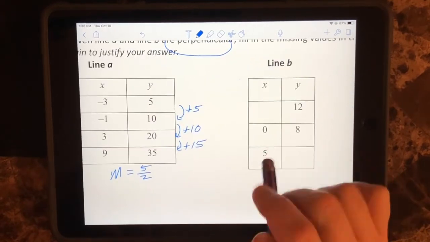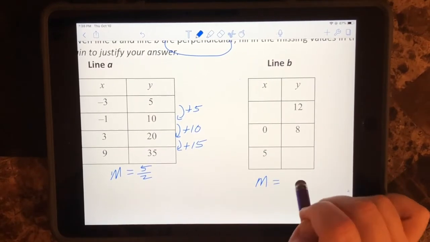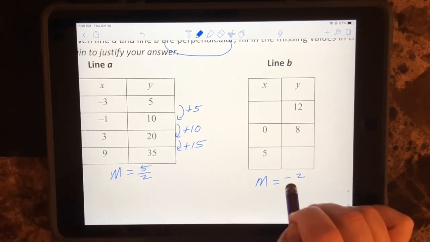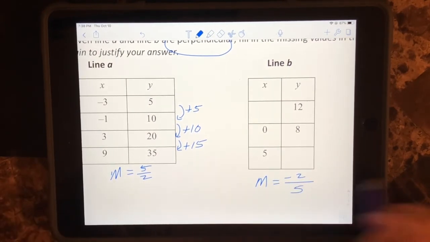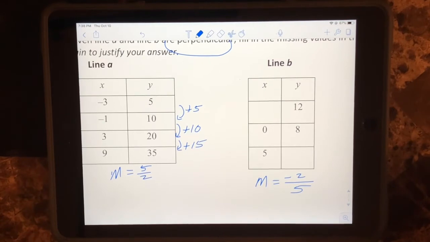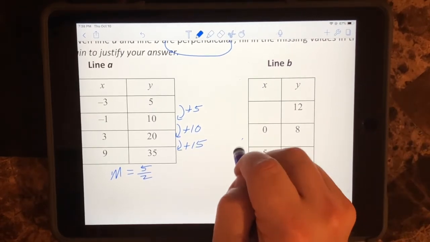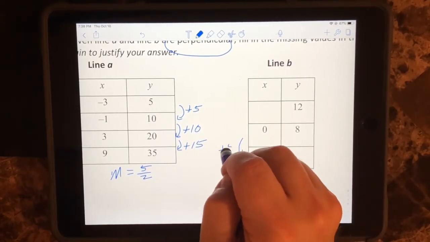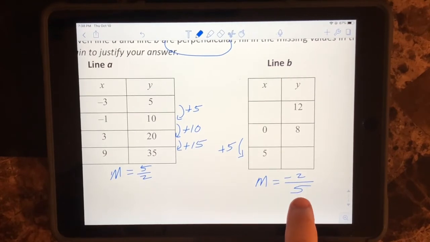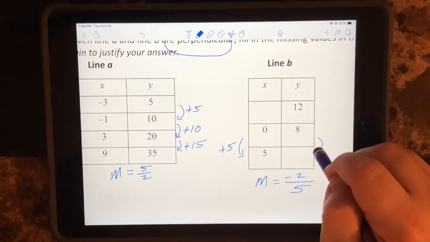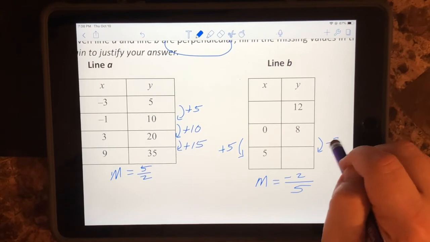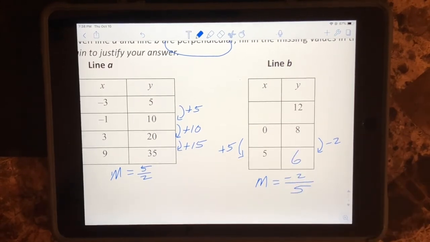So the slope of this line must be negative change in this one's x over change in y. So let's see here. Here we go up 5, which means here we must go down 2. So that's got to be a 6.